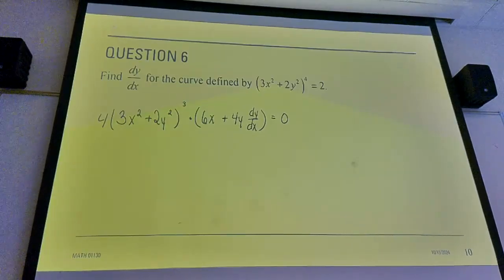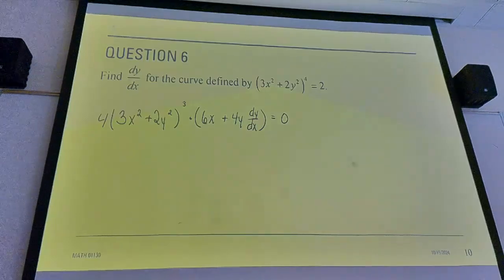What if that 3x squared plus 2y squared is 0? You wouldn't be able to divide by it, would you? So why can you divide by it? We can't. Even if we multiply by the 4 and cube it, that wouldn't make it not zero, right?